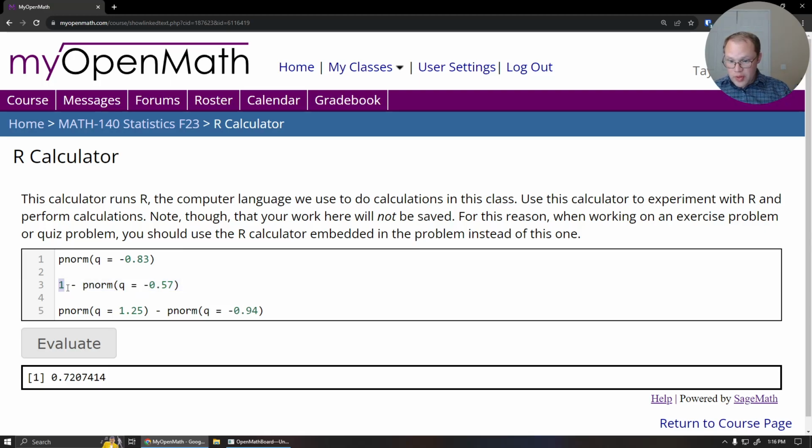We take the whole thing and then we subtract out what we don't want. And if we want the probability of a standard normal distribution in between two values, this is the approach we take. We start by calculating the probability to the left of the larger of the two values, and then subtract the probability to the left of the smaller of the two values.